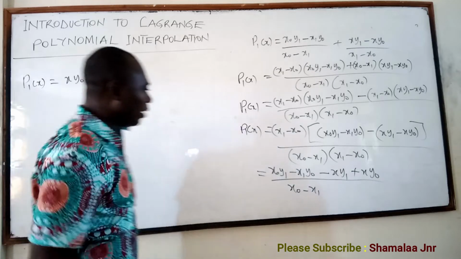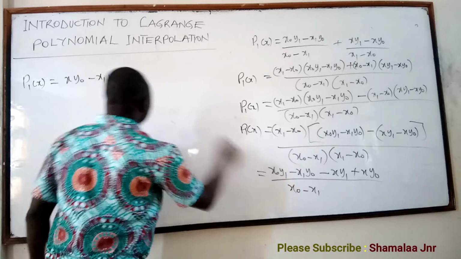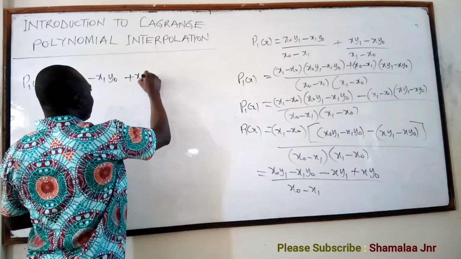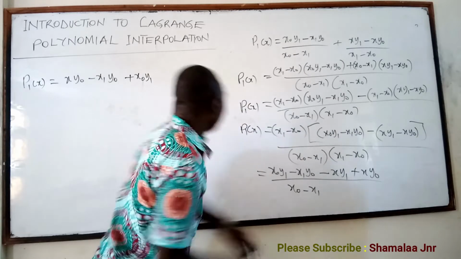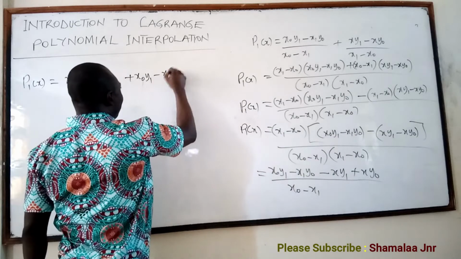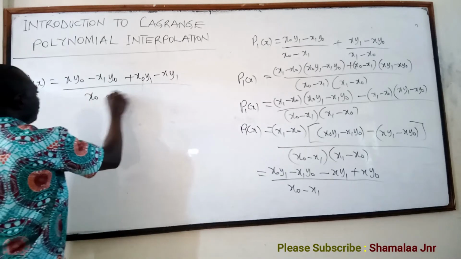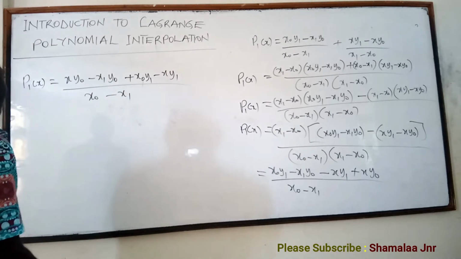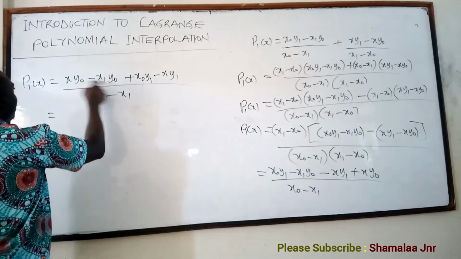Now we are done with the y0. Let's move on to the y1. Let's move in the positive plus, yes, s0 y1 minus x y1 all over s0 minus s1. Now, this is a common factor to these two.